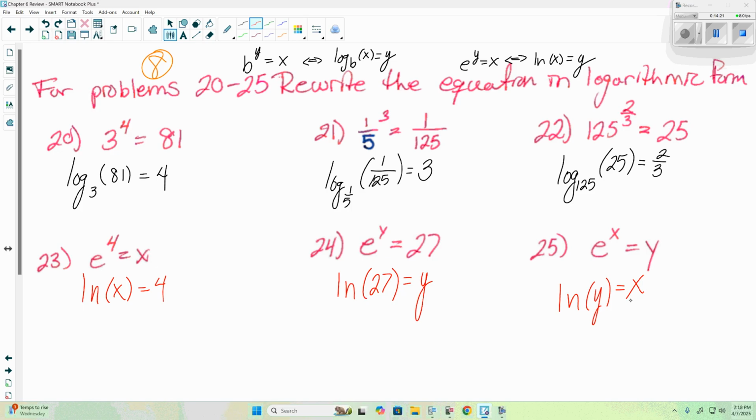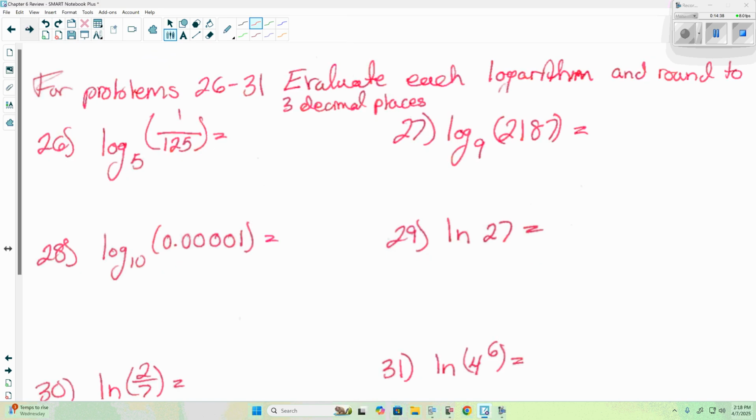So that's 16 of the 32. That's half the test. 6 of them are also just evaluating the logarithmic expression. So calculator, yes? The next 6 questions. Evaluate each logarithm to 3 places. So that, again, 6 more.